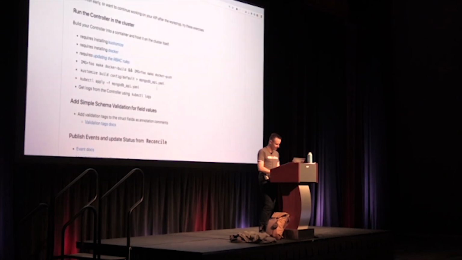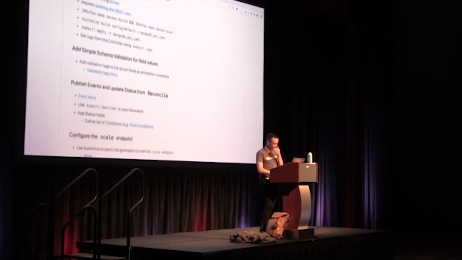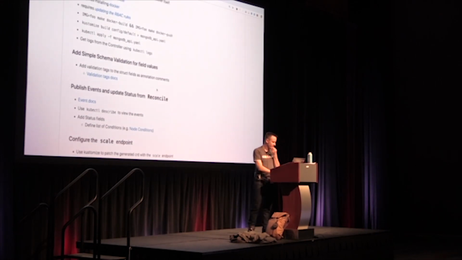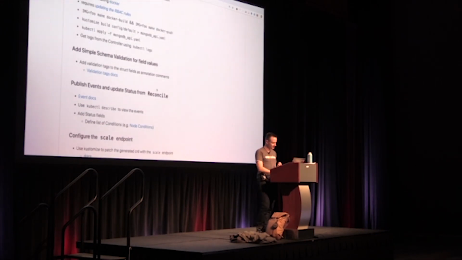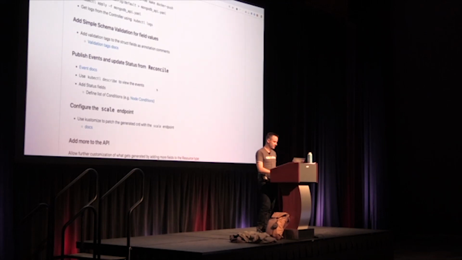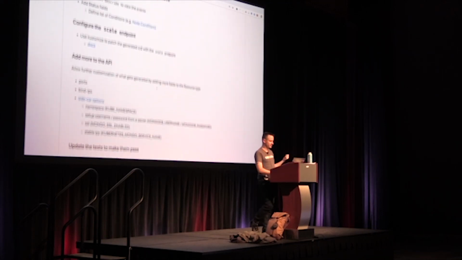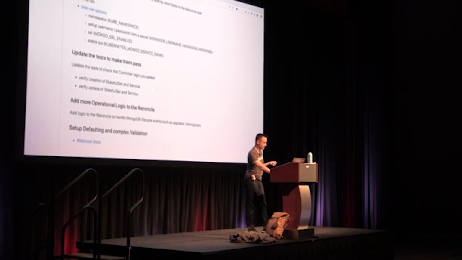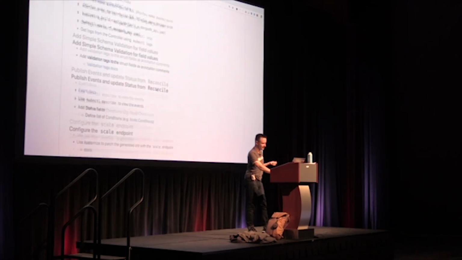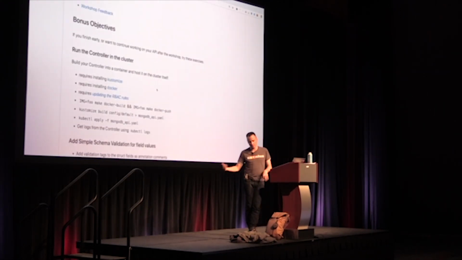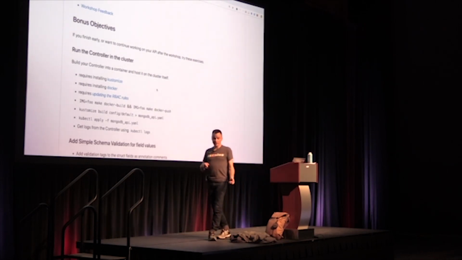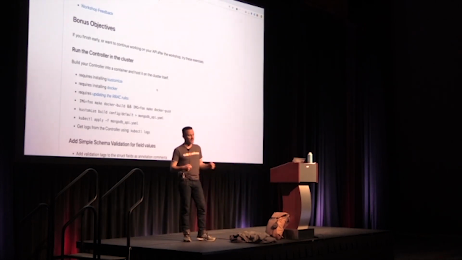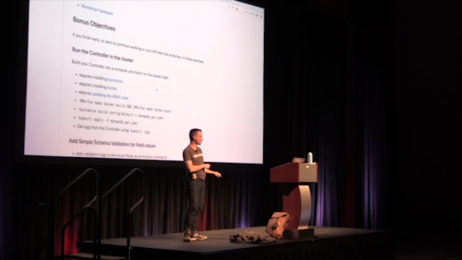There's a bunch of other things listed here: adding schema validation, publishing events, scale endpoints, doing more interesting things with the API, updating the tests. A challenging task might be to do a check for when the version of MongoDB changes, for instance, and maybe some data migration has to be done as part of that.